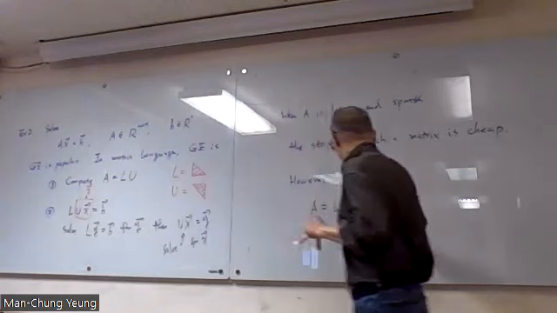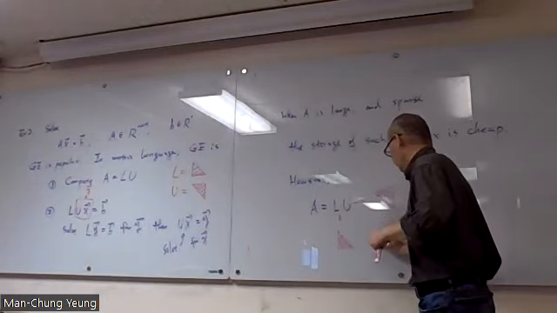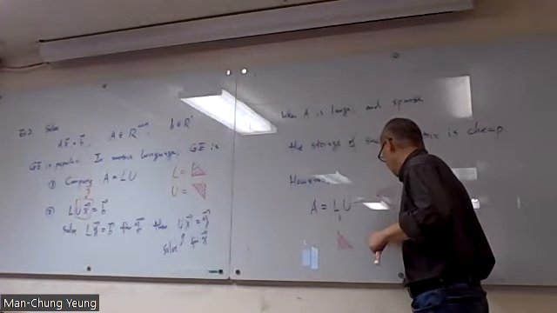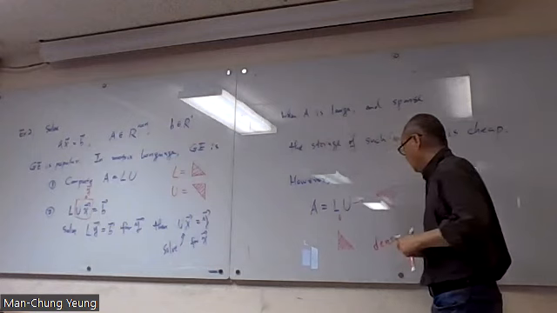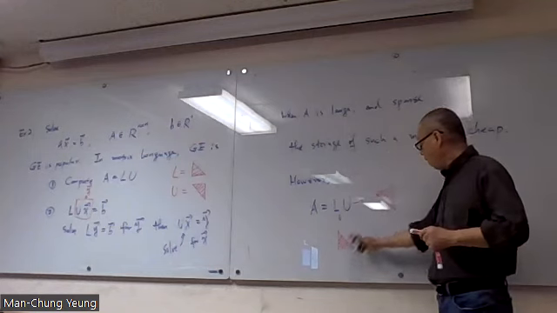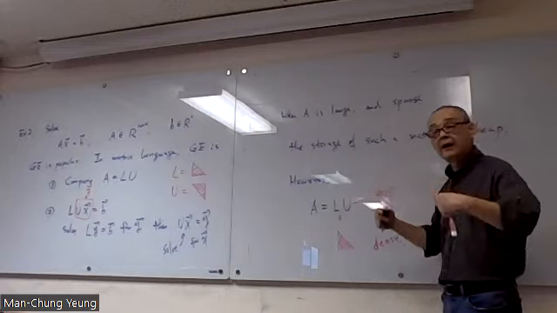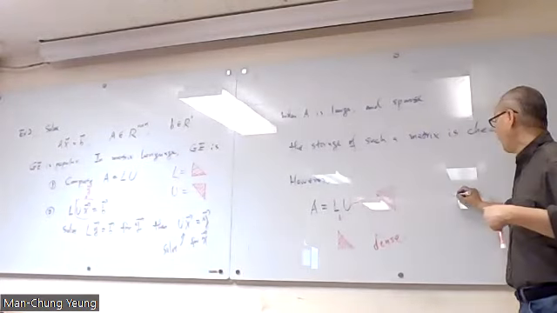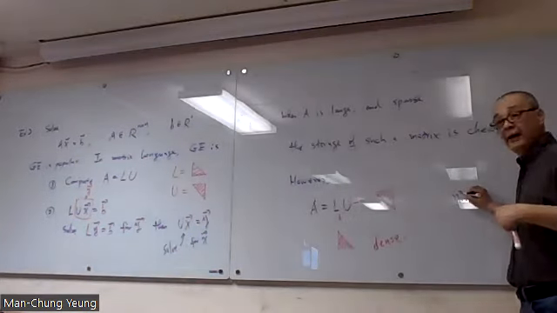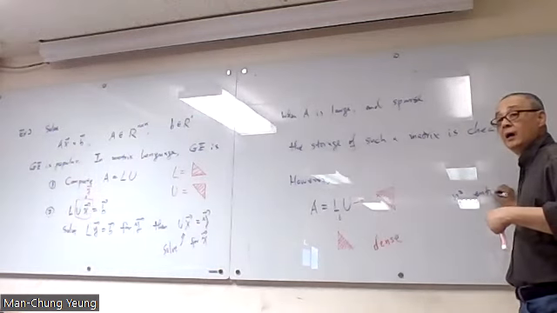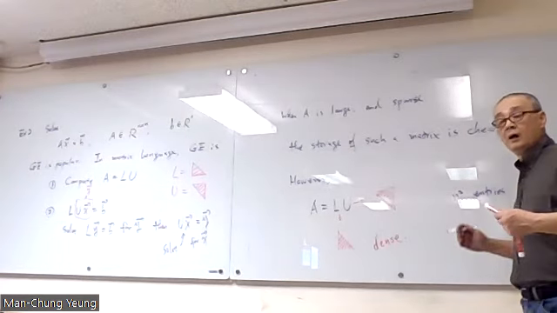L and U are dense, so together there are n squared entries.